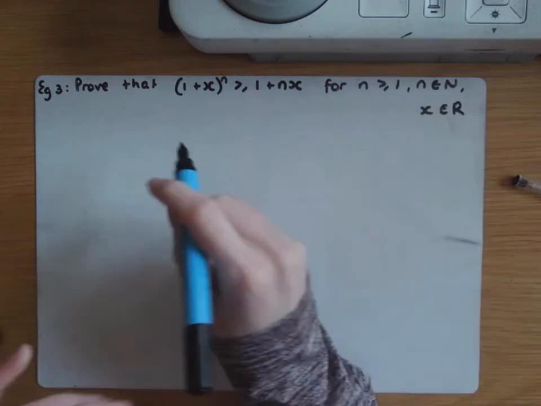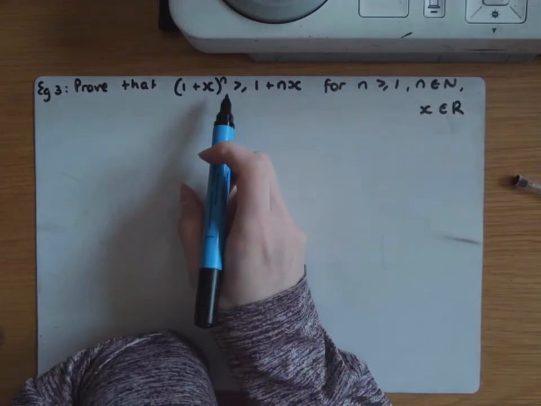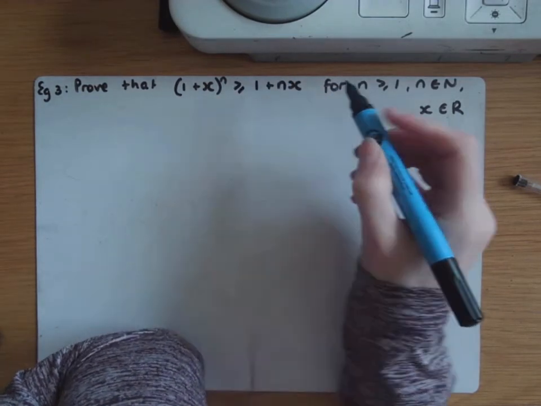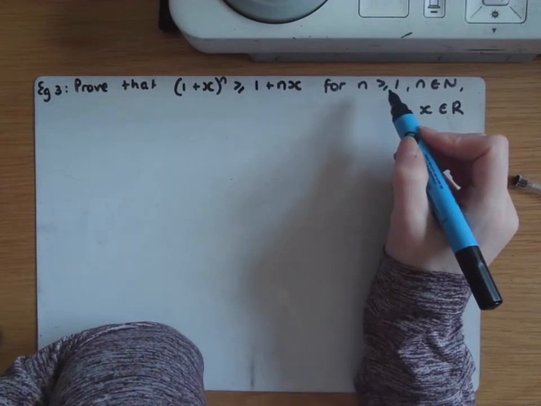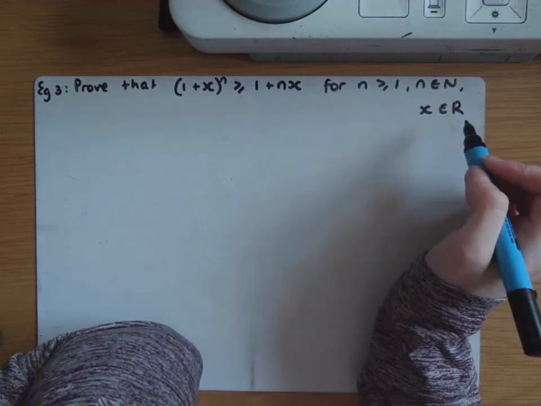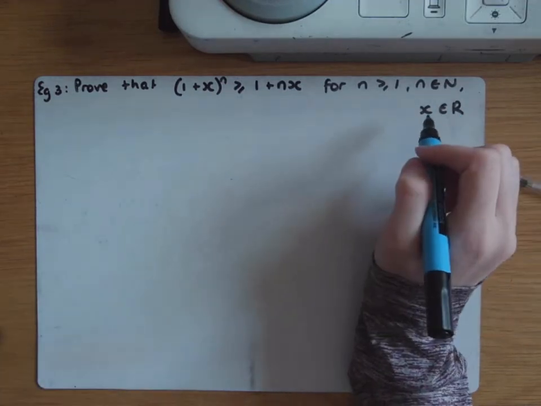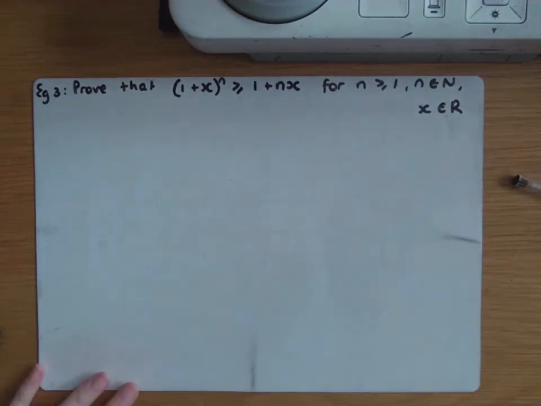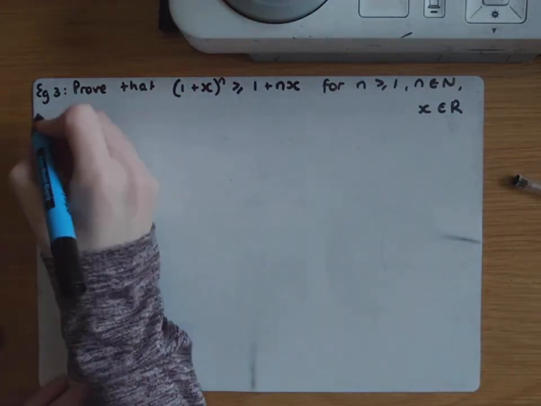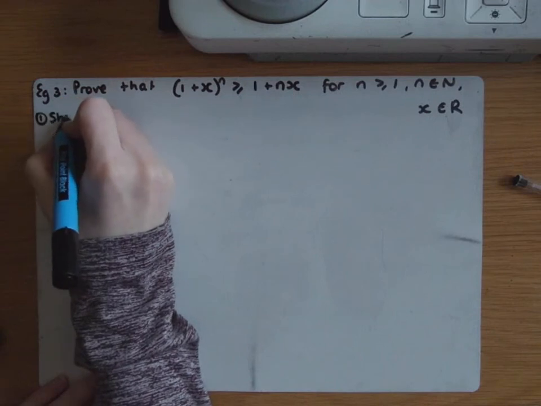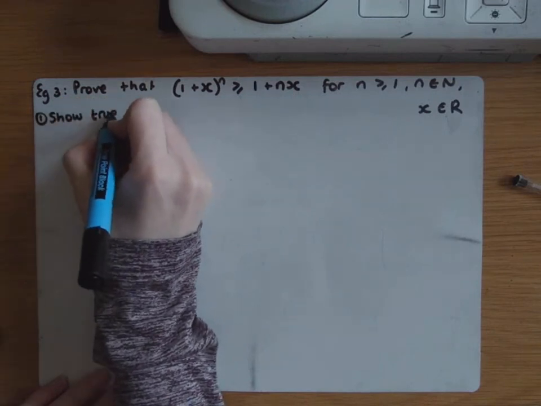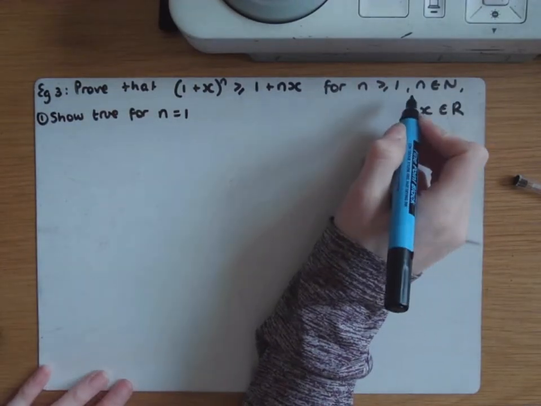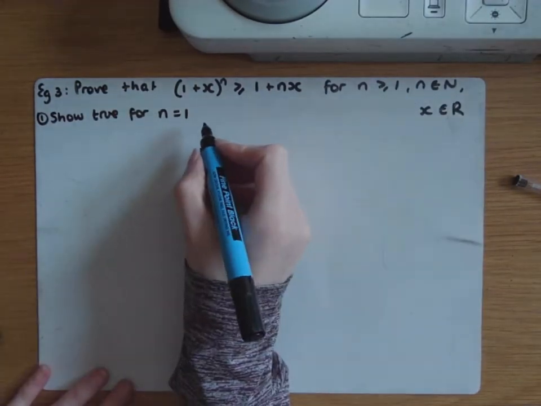Okay, so prove that 1 plus x to the power of n is greater than or equal to 1 plus nx. So n is greater than or equal to 1, and n is a natural number, and x is a real number. In this case, we're just going to show it true for n is equal to 1.